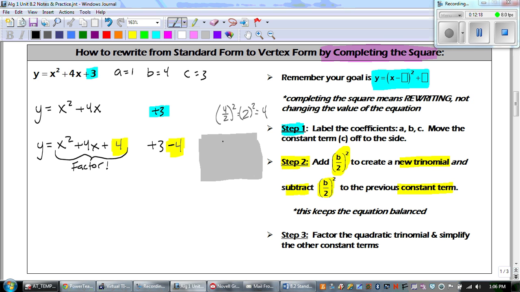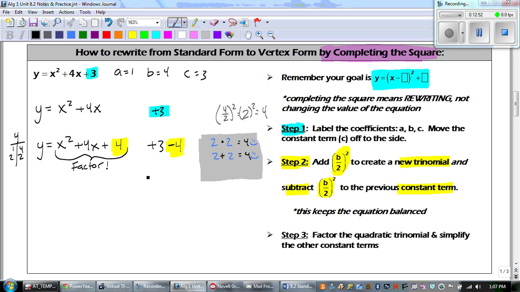So I want a number that I can multiply to get to 4. Remember, we're doing the A times C right there. What number multiplies to 4, but also adds up to get to 4? If you're looking at your times table chart, or if you're doing the factors, it's 1 and 4 and 2 and 2. What ends up working is 2 times 2 equals 4, and 2 plus 2 equals 4.